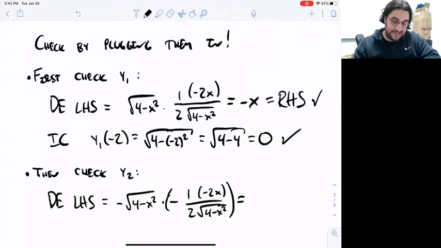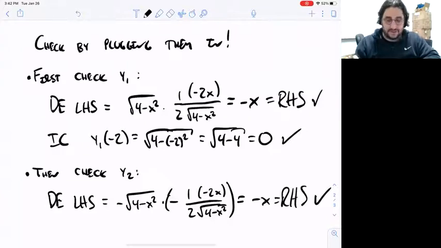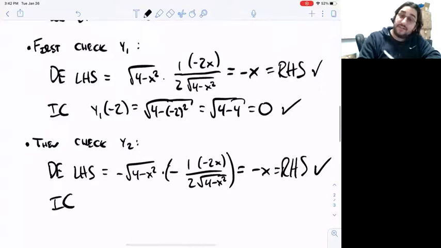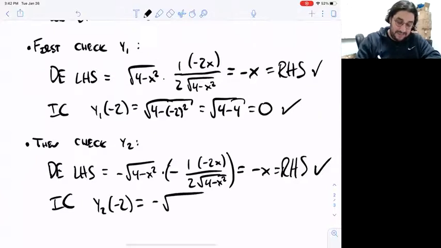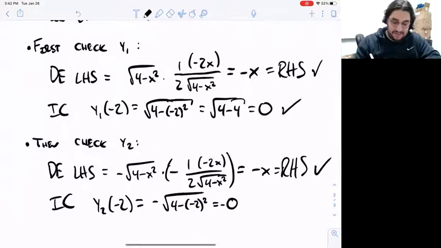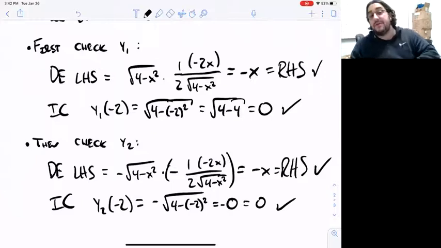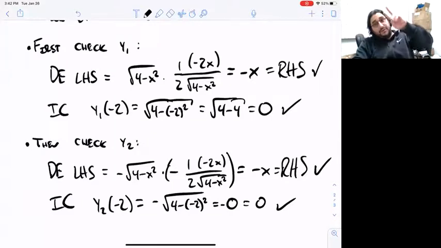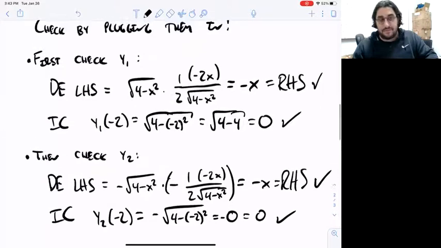So now the two negatives cancel, the 2's cancel, the roots cancel, and again we just get negative x, which is the right-hand side of our differential equation. The initial condition is not affected by that negative sign because it's 0 anyway. It's negative the square root of 4 minus negative 2 squared, so that's negative 0, which is still 0. So there we go. We absolutely have two different solutions to this initial value problem.